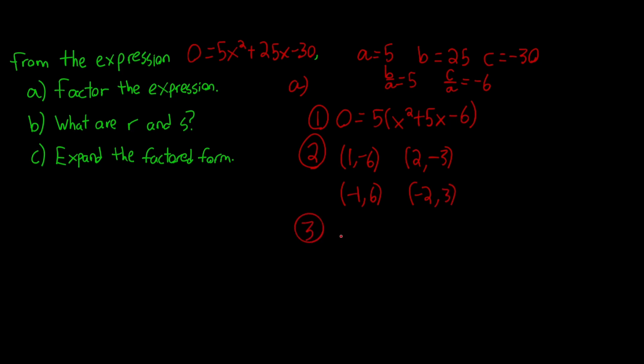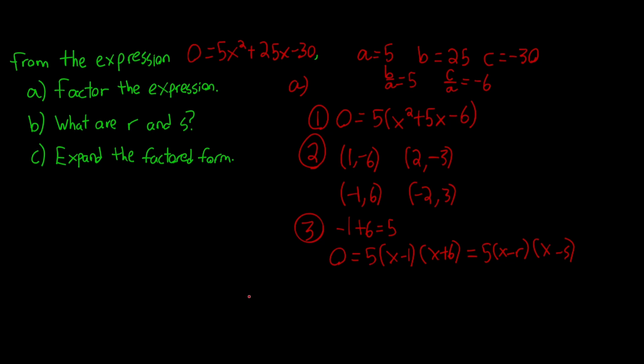So question 3 becomes, what numbers are going to add to equal 5 of these ones here? Well, negative 1 and 6 is the best option. Negative 1 plus 6 is equal to 5. So that's going to give me an answer of 0 is equal to 5(x minus 1)(x plus 6) in factored form, which is 5(x minus r)(x minus s) in this case.